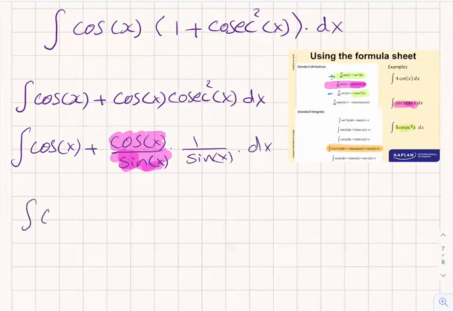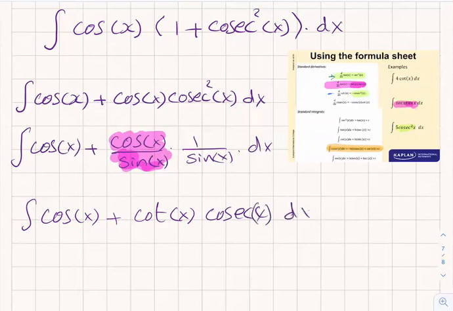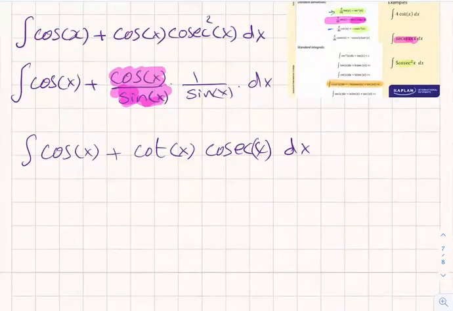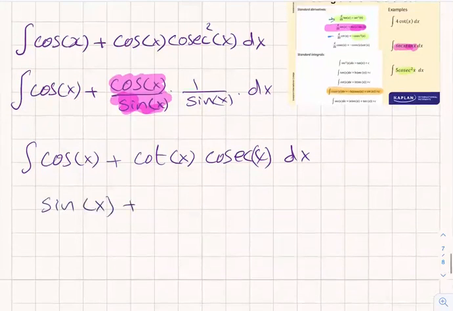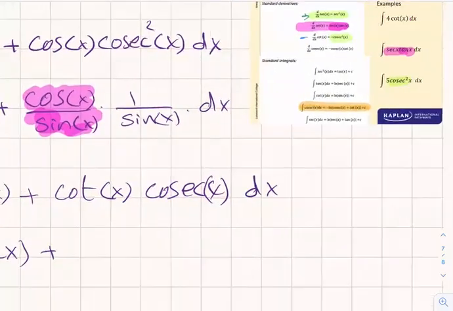So this becomes cosine x here, the integral for cosine, plus cot x, because we need to reach something we can find in the formula sheet. So cot x, and 1 over sine is cosecant, dx. Okay? And now we integrate. The integral for cosine is sine x plus the cot cosecant. Cot cosecant, where are you?